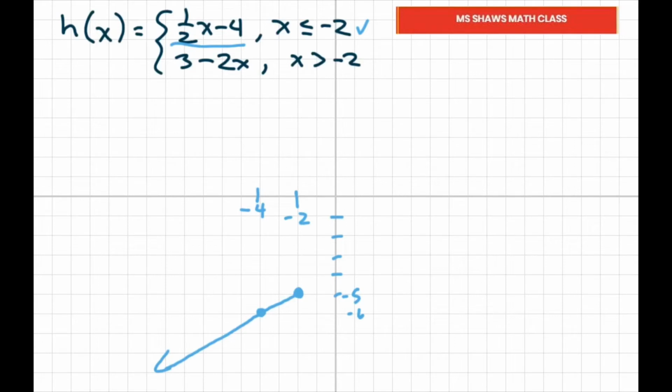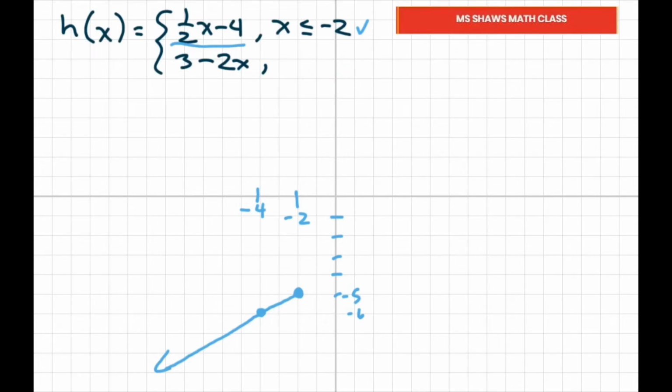Now what's going on on the right-hand side of -2? That's all numbers bigger than -2. Again, if I plug in -2 here, that's going to equal 7. So 3 plus 4 is 7. I didn't save room for that, so I'm going to move this over a little bit.